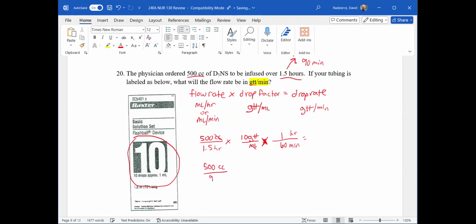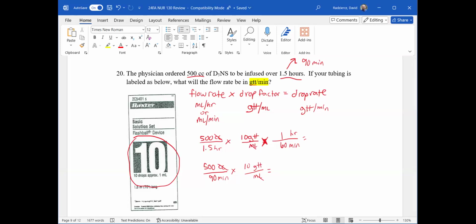You could just say 500 cc's over 90 minutes times your drop factor. And guess what? You have one less thing to write for your conversion. But if you want to be extra cautious, make sure you write that all in there. Either way you do it, you'll get to the same answer.